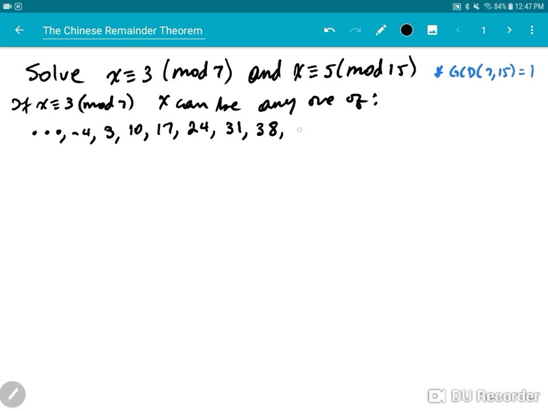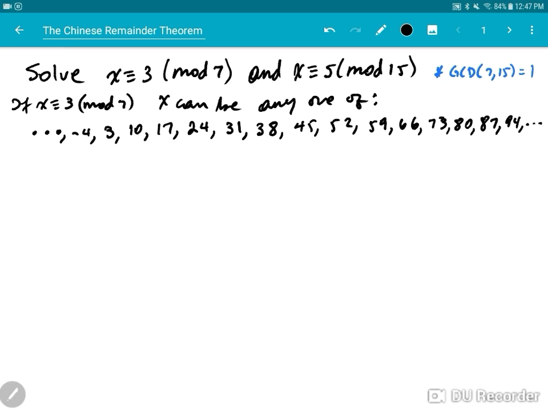38, 45, 52, 59, 66, plus 7 is 73, plus 7 is 80, 87, 94, and so forth.